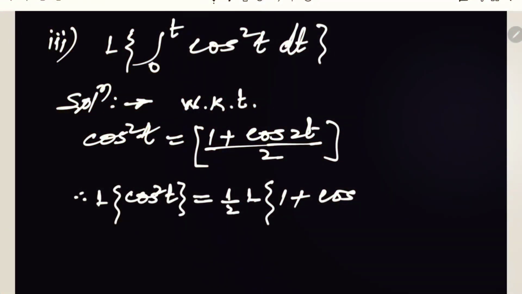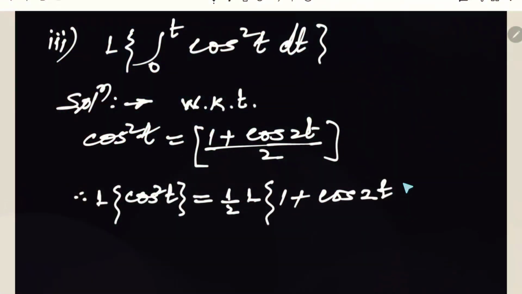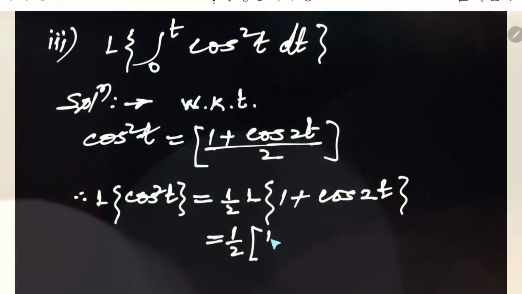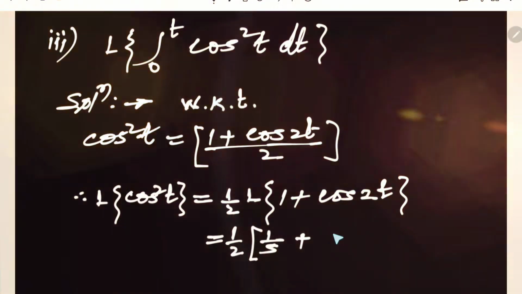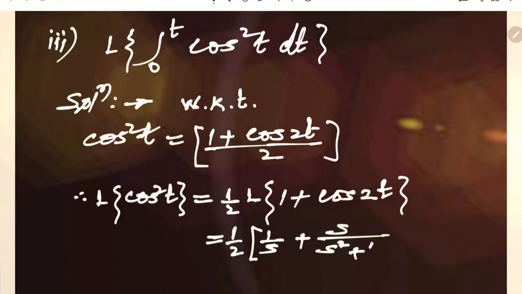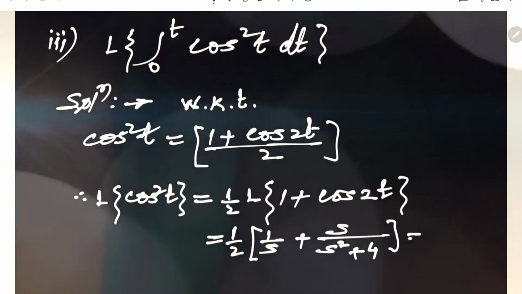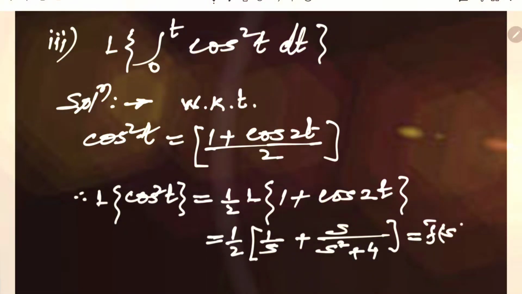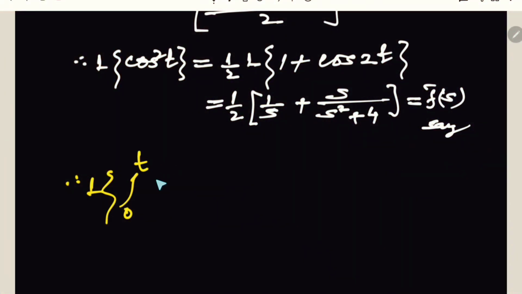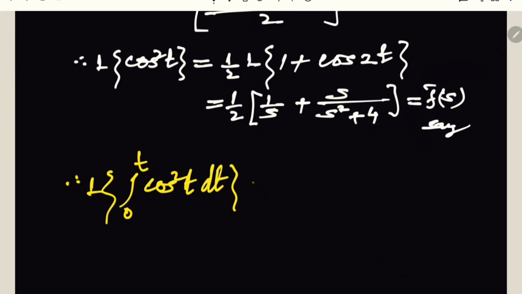Taking individual Laplace, we get 1 by 2 as it is, no change. Laplace of 1 is 1 by s, and Laplace of cos 2t is s upon s square plus 2 square, meaning 4, and we call this f bar of s. And then applying that theorem, the Laplace of the integral of cos square t with respect to t is 1 by s into f bar of s.